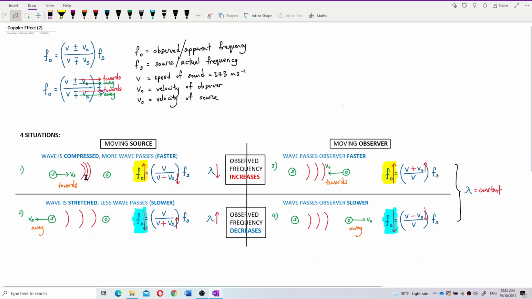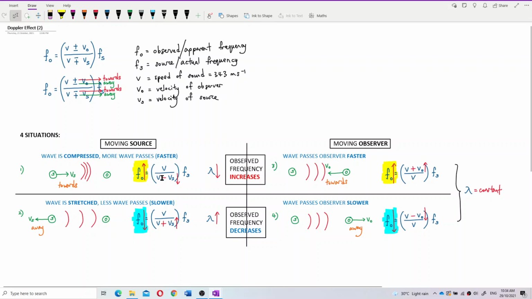The wave is compressed. When the wave is compressed, more waves pass through the observer faster, so you should hear a higher observed frequency. The observed frequency should increase. Here below we need to make a smaller value, so we minus.